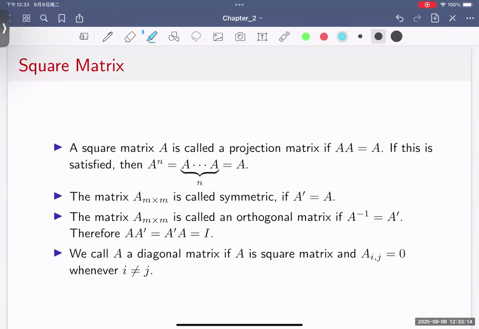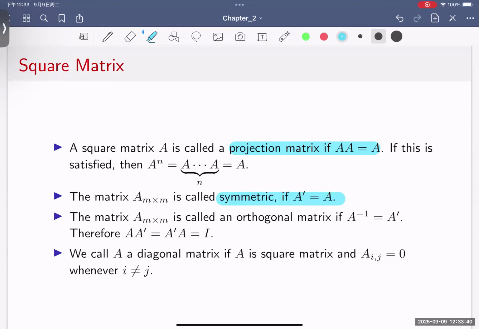There are several special square matrices. A square matrix means the number of columns and rows are the same. There are special kinds, like the projection matrix, which states that A squared is equal to A, so two matrices multiplied together give the original one. Also the symmetric matrix, whose transpose is equal to itself.